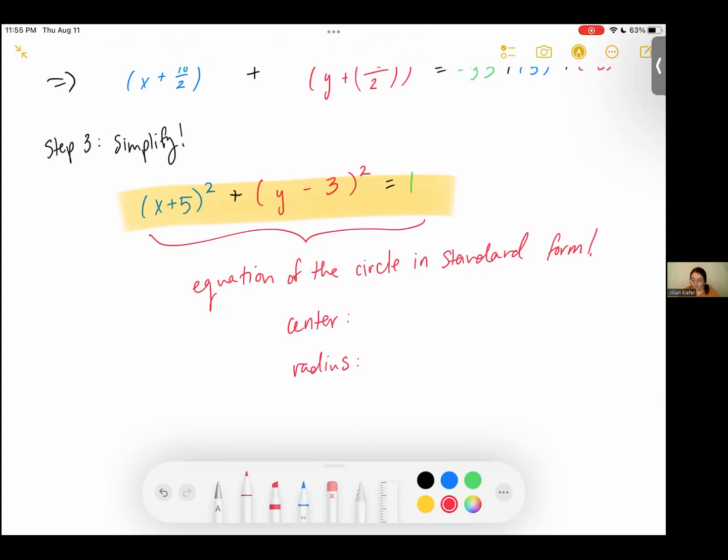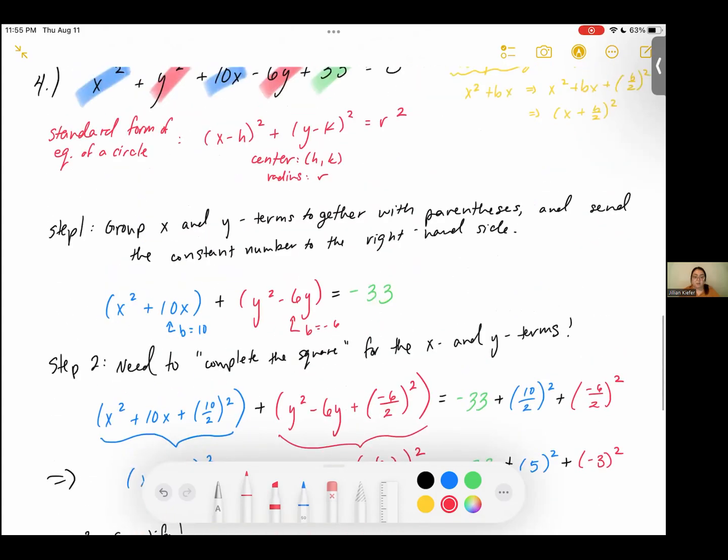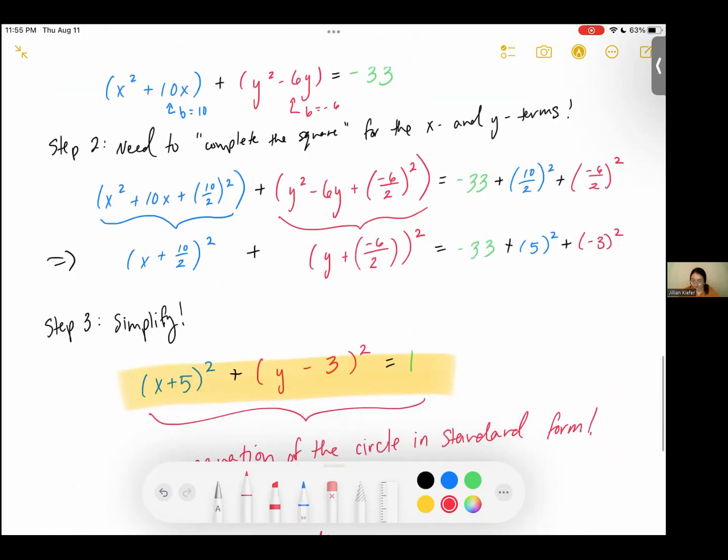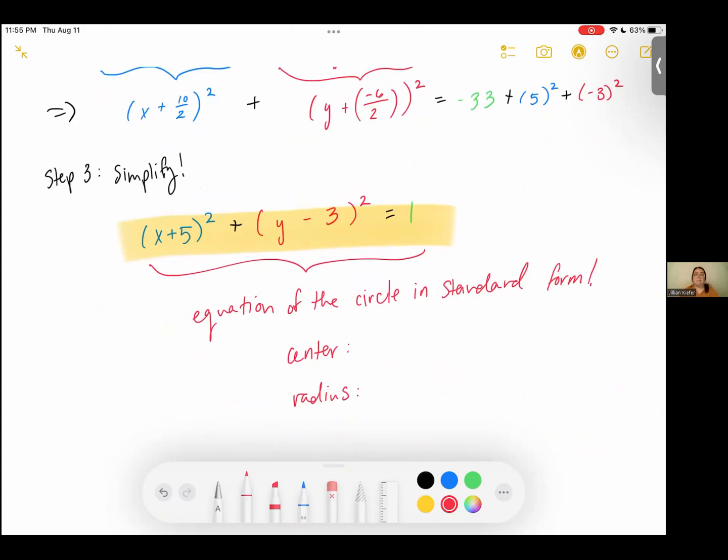We said the center, if our equation is of the form x minus h squared plus y minus k squared is equal to r squared, we said that the center is at h and k. The only thing different about our result is that we have x plus 5, not x minus 5.